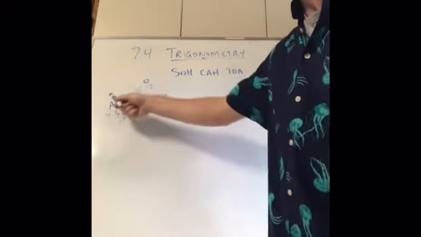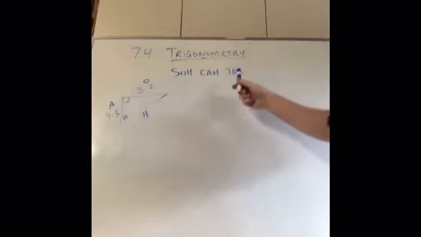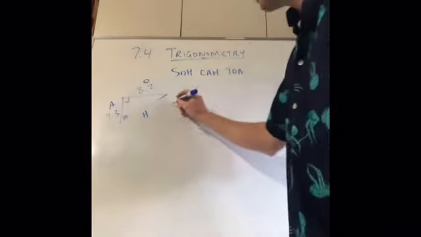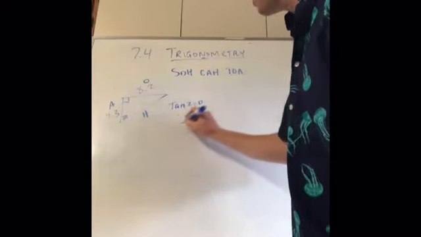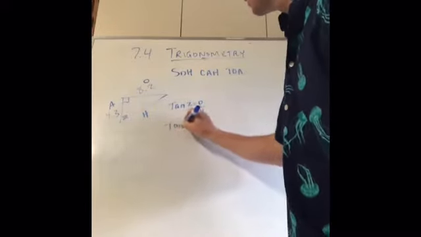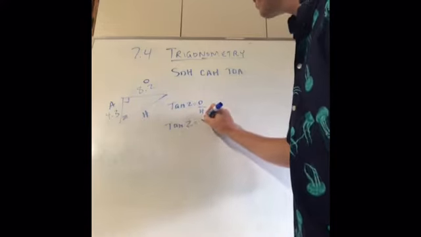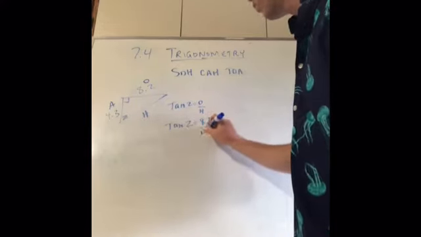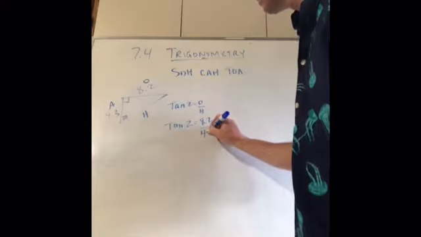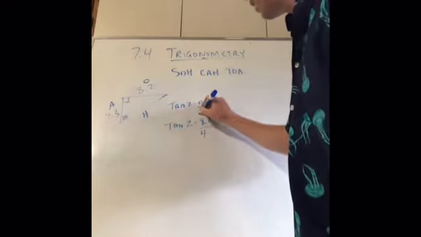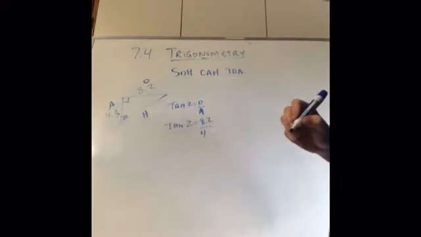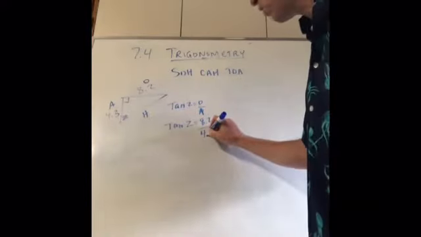I have opposite over adjacent. We're going to use our tan function like we did yesterday. So tan Z is O over H. Tan Z is 8.2 over 4. Nope, what am I doing wrong here? O over A. There we go.